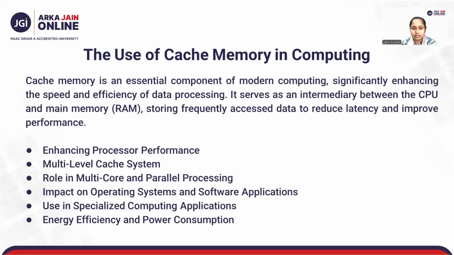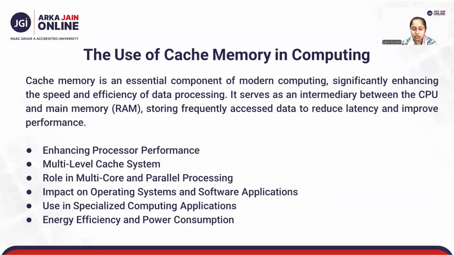Use in specialized computing applications. Beyond general computing, cache memory plays a vital role in specialized fields such as gaming, artificial intelligence, and cloud computing. Gaming: high performance gaming CPUs and GPUs utilize cache memory to store frequently used textures, shaders, and physical calculations, reducing rendering lag.